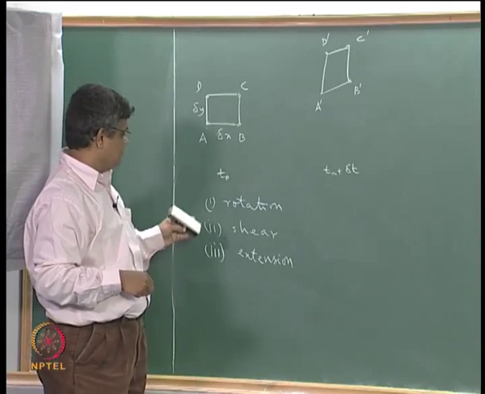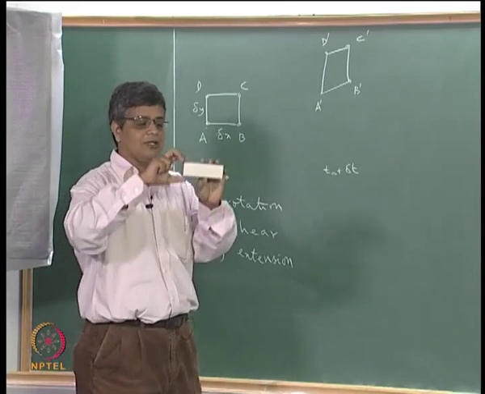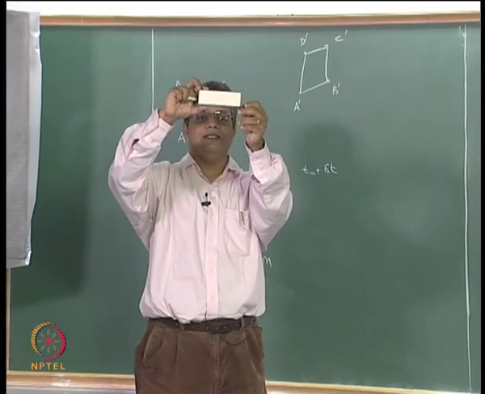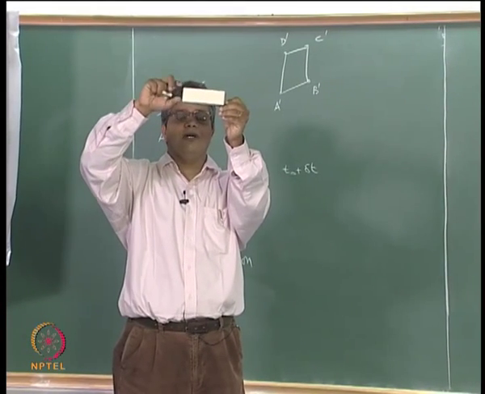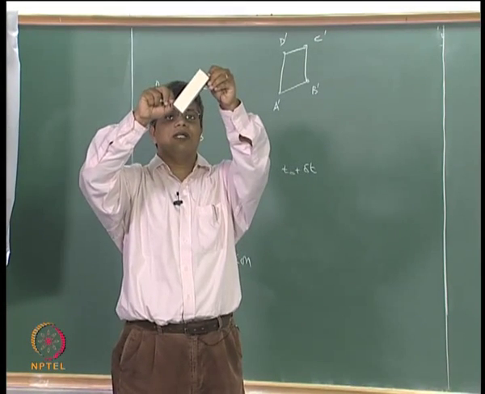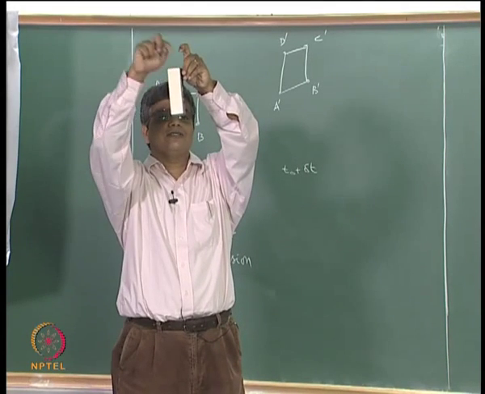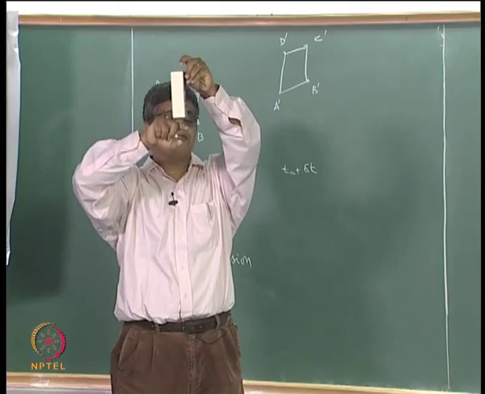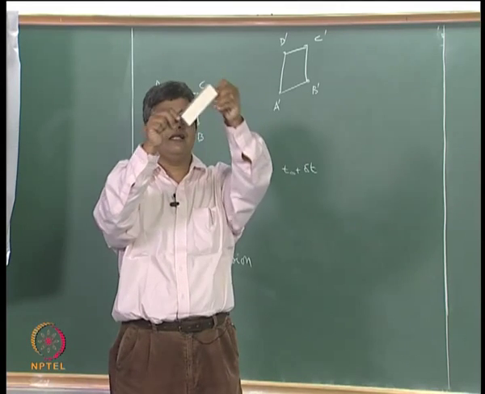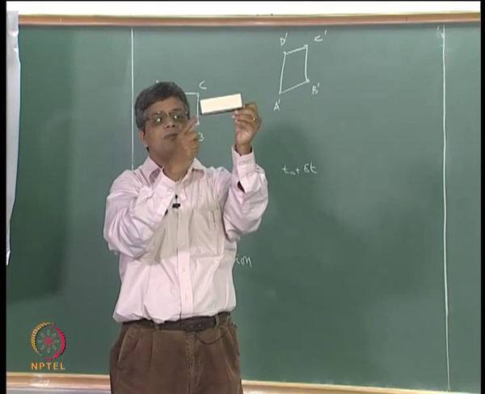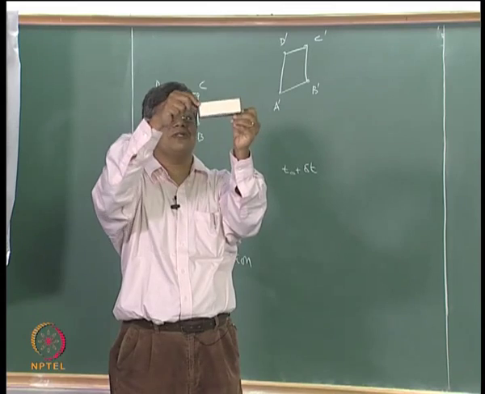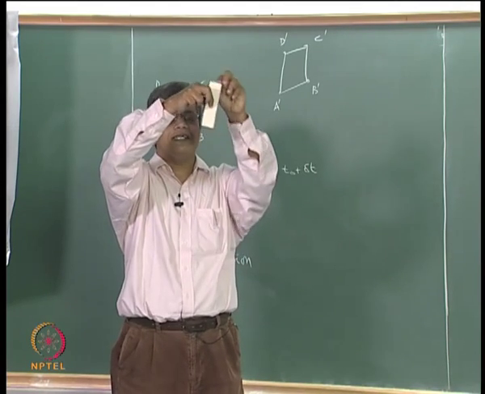Now what we mean by pure rotation is, if we have it like this, then this whole plane is rotating, so that this particle relative to this has moved. The rotation need not be about this particular axis, it can be about this axis, or it can be about the center.